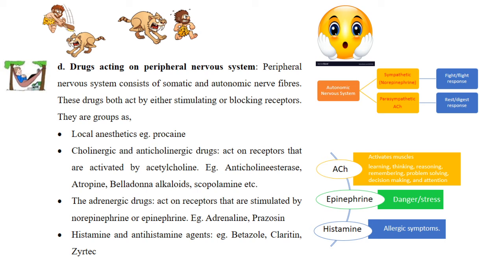Because of this hypersensitivity reaction, the histamine secretion will be very high, and because of this some allergic symptoms will be experienced: puffiness in the face, reddening of the eyes, tears coming out, then coughing, sneezing, etc.